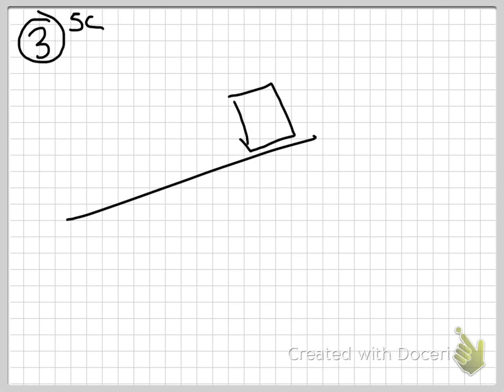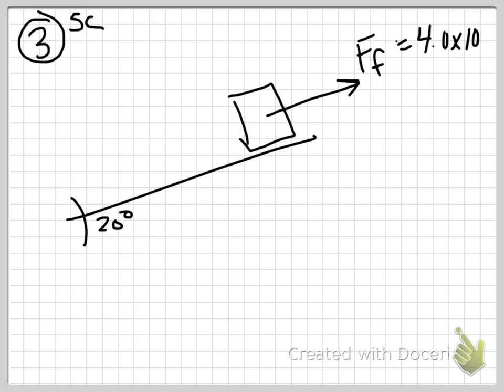Okay, so this is number 3 from 5C. We have a car starting from rest at the top of a driveway that's sloped at an angle of 20 degrees with the horizontal. We're told that there is a frictional force on the car of 4.0 times 10 to the third newtons.